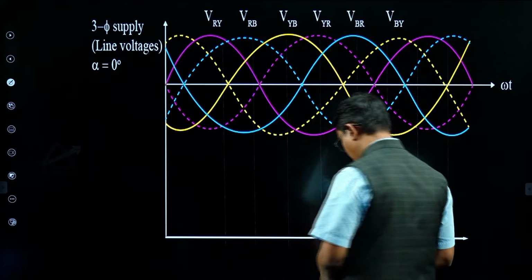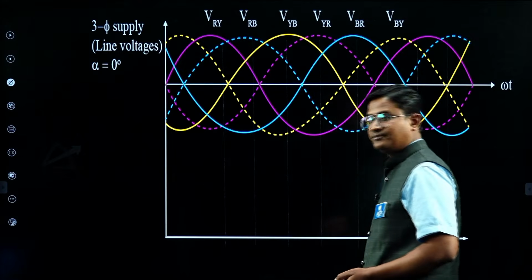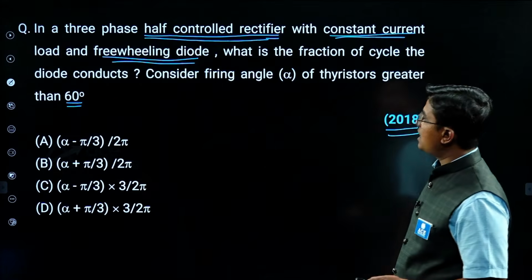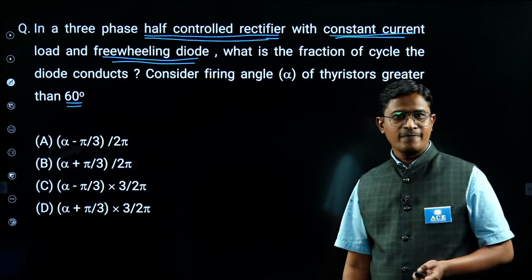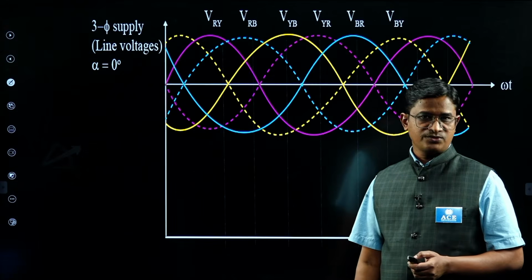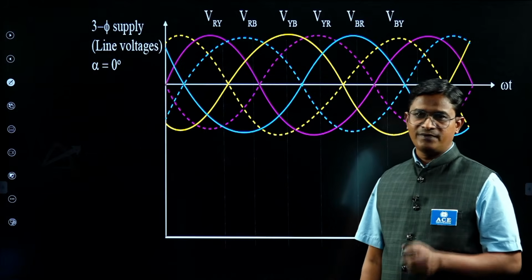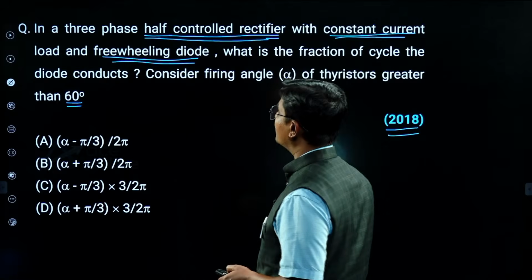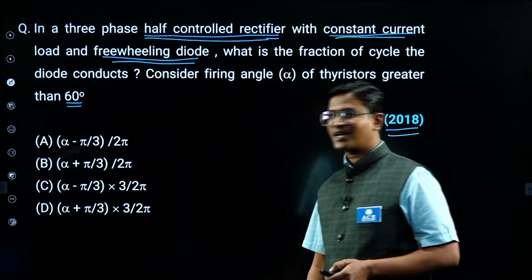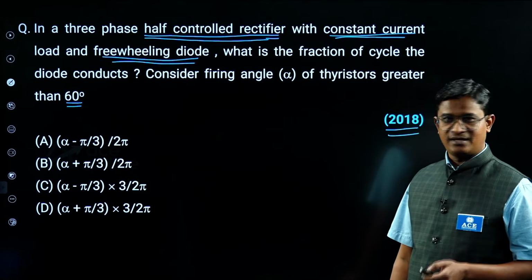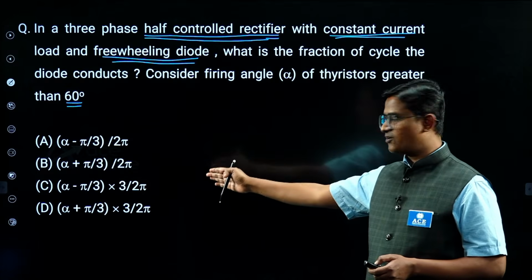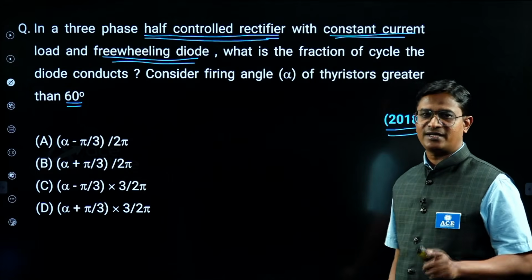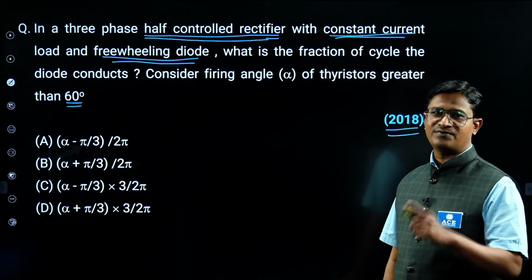Three SCRs and three diodes are used, with an RL load and freewheeling diode. They are asking about the conduction of the diode, but I think these options are given for the freewheeling diode. Let us calculate for both cases, the diodes as well as the freewheeling diode.